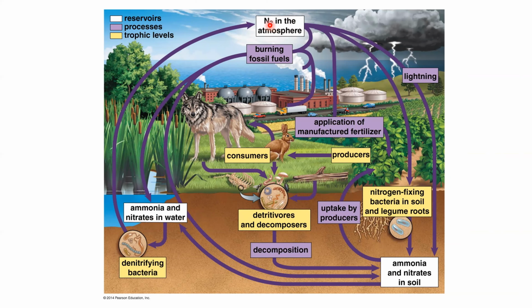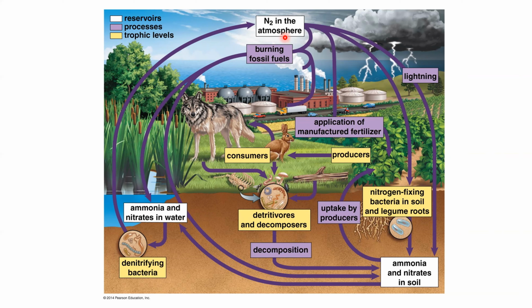Now, we need to fix this nitrogen to make it available for plants and animals, and we do need it, because our DNA, remember, DNA has sugar, phosphate, and nitrogenous bases. So DNA, RNA, they require nitrogen, plus proteins.